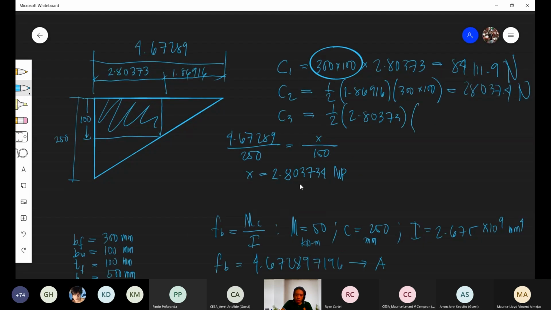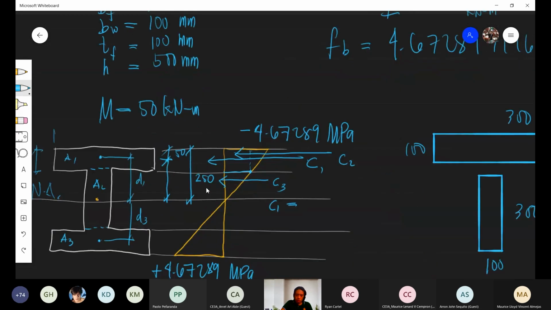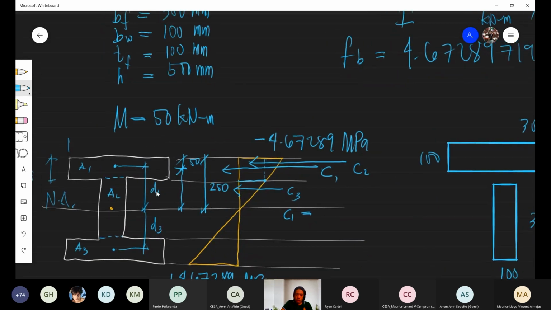Multiplied by the area where they are acting. C3 is acting on the upper portion of A2, from the centroid to the junction of the web and the flange.